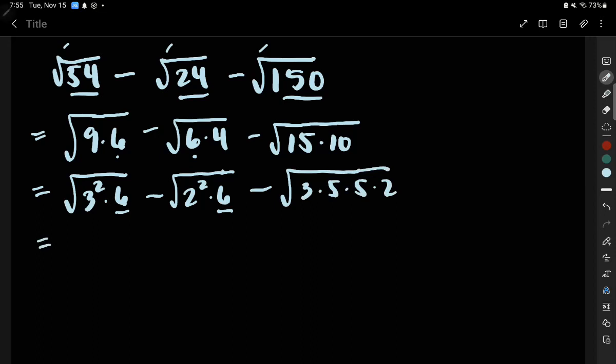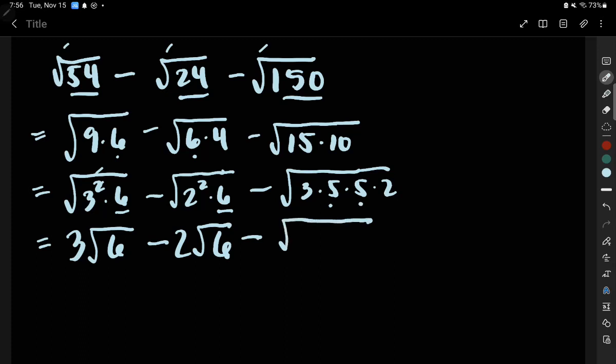Alright, so here we can take out the 3 because it's 3 squared, and the exponent 2 will cancel with the square root. So that's why it's 3, and then 6 will be left inside. The same with the 2, 2 square root of 6. But here we can combine the 5 and 5 so that it becomes 5 squared, and the 3 times 2 is 6.